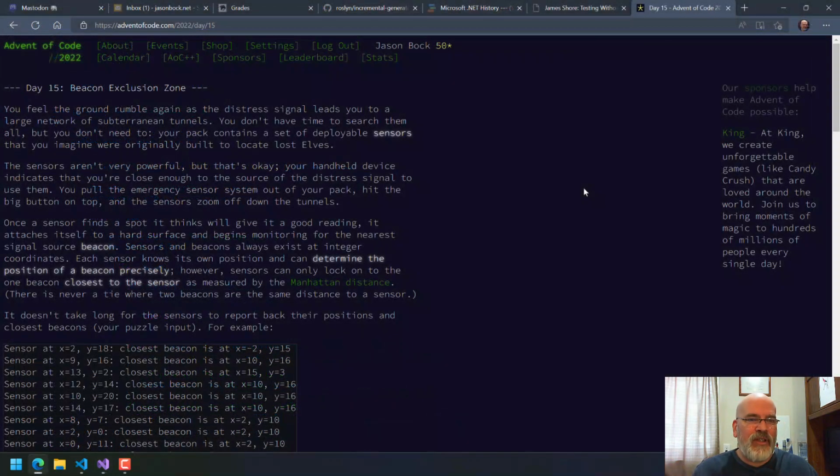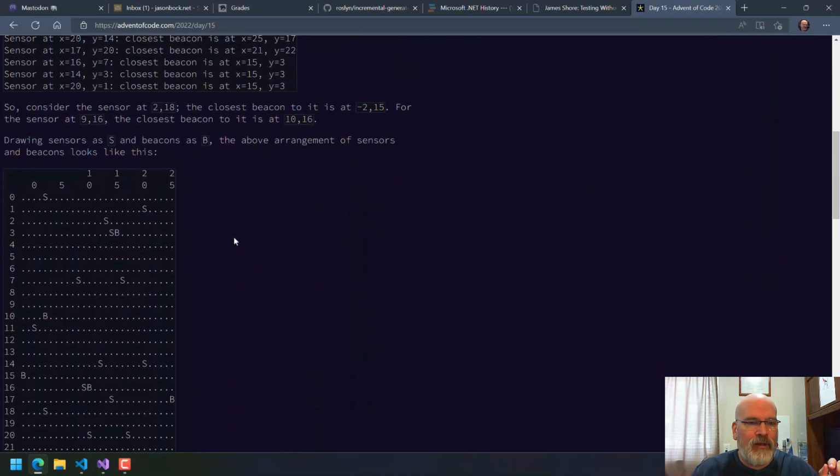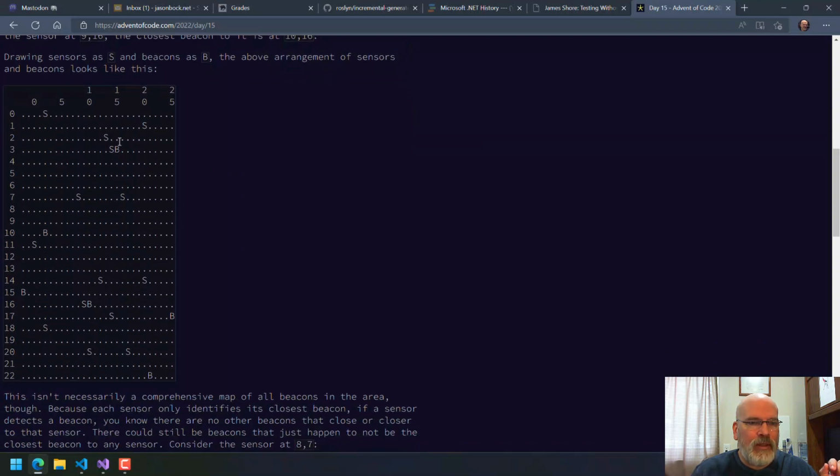So day 15, you're given this configuration where you have sensors and beacons, and a sensor is able to find the closest beacon. And so you're given a configuration that starts looking like this, and this sensor's closest beacon is this one, I think, and you're given in the first part to say in a line where is a spot that is not covered or something like that.